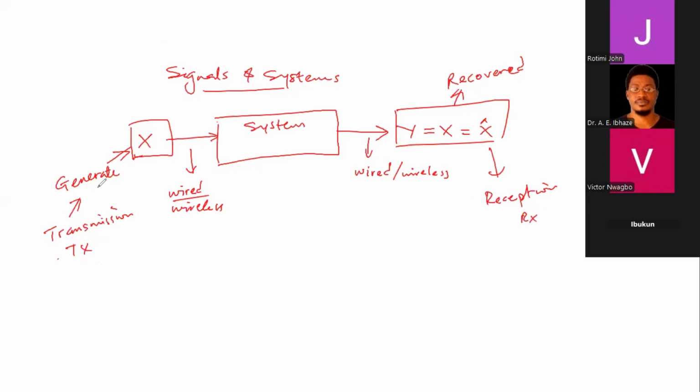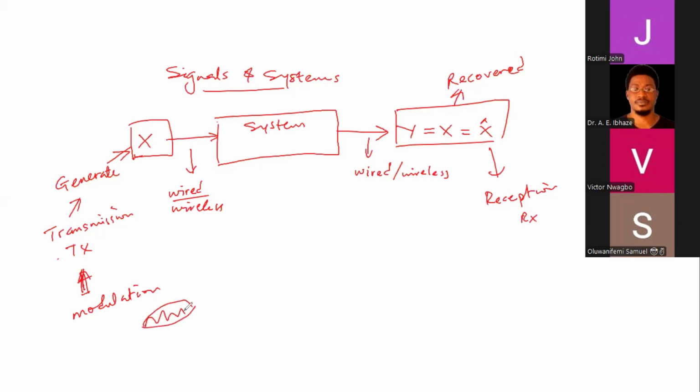Now, for us to be able to transmit whatever we are saying right now, the speech signal is very low, right? So we have to do modulation. We want to hide this low frequency in a higher frequency. This is what I'm sending, but I want to put it in a big carrier, which can be transmitted as a wave. And then if I'm going to do that, at this point I'm going to demodulate, right? Yes, sir. Demodulation, right?